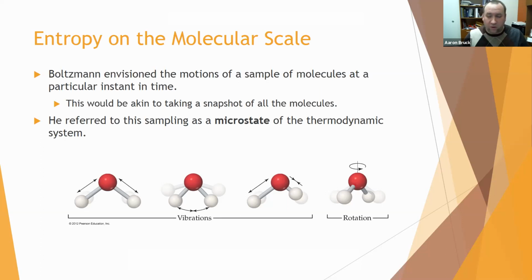And if he were to go and take a different snapshot at a different time, he would see a different picture of the molecules entirely. And that would be a different microstate. And so if you can imagine all of these different pictures, all of these different snapshots being taken of a molecular system at varying moments of time, what we would get was a variety of microstates.